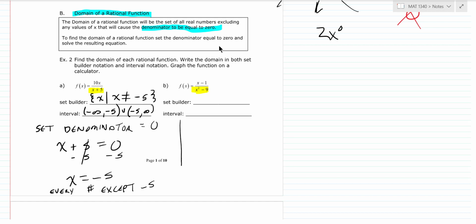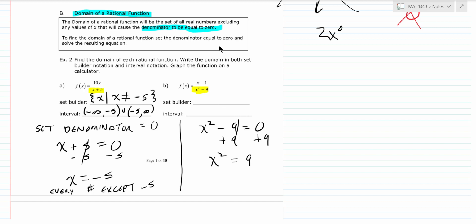And the technique that I'm going to be doing on all these problems is exactly the same thing. So I go to the next problem, I take the denominator, I set that equal to 0. You can either factor that, or you can add 9 to both sides and do the square root property. It doesn't matter. That's up to you. So let's just add 9 to both sides. We get x squared equals 9.